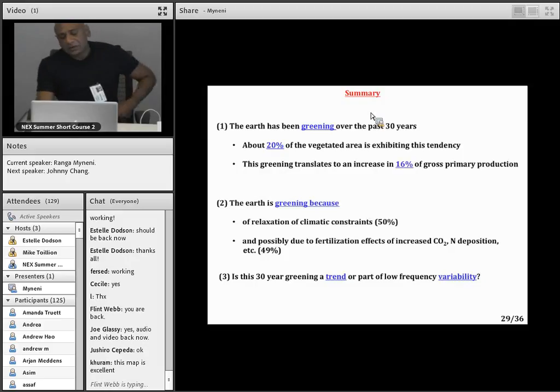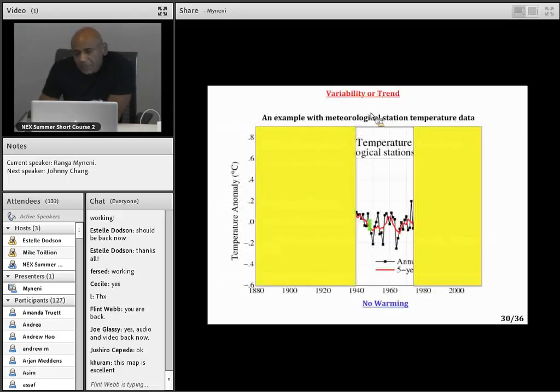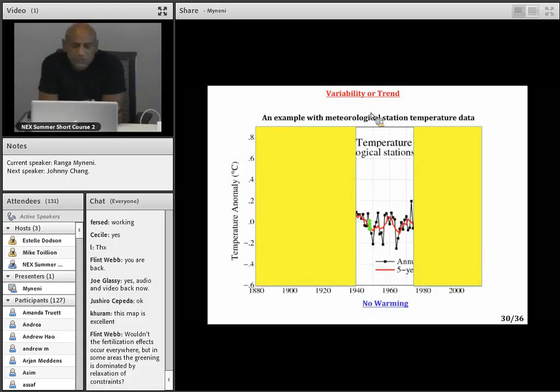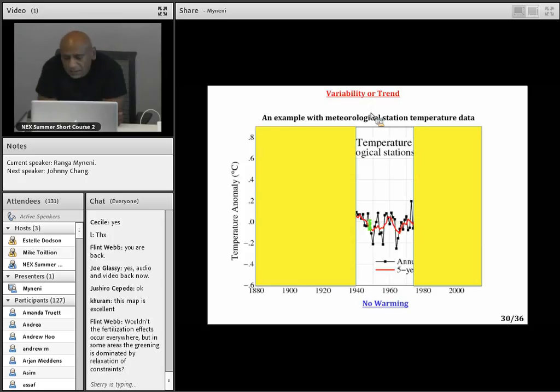Now, going back to the title of my talk, is this 30-year greening a trend or part of a low-frequency variability? This is very, very important that often you see so many papers published with extremely poor statistics, and I really wish that the students working on these topics take statistics very seriously.